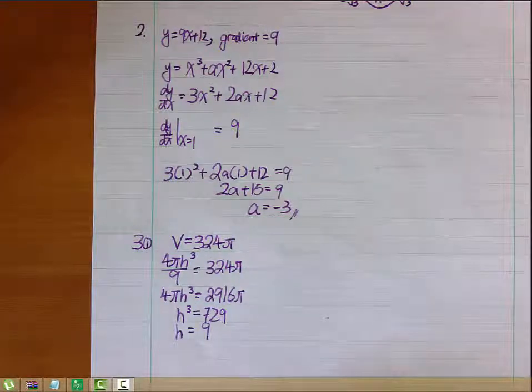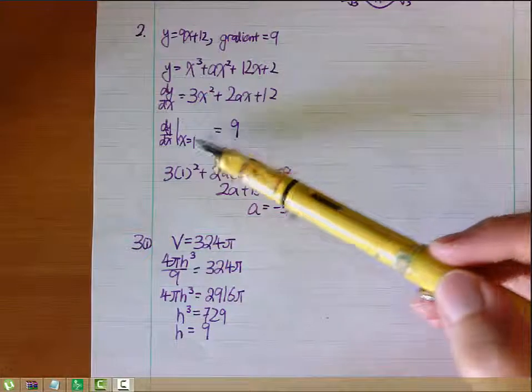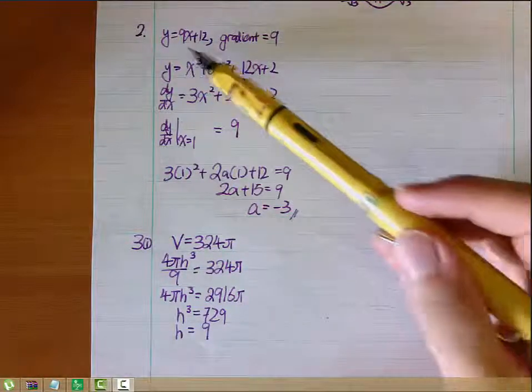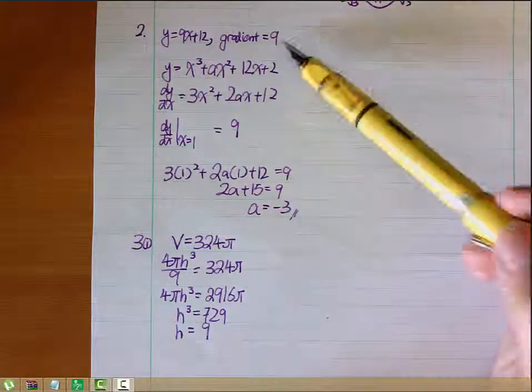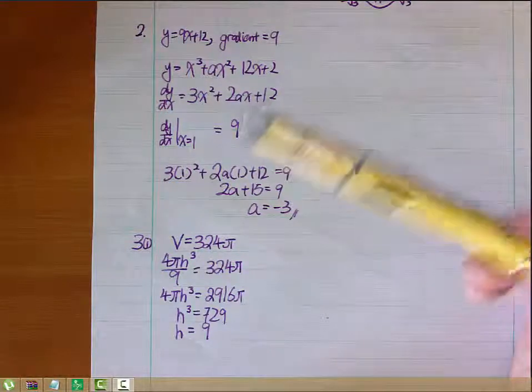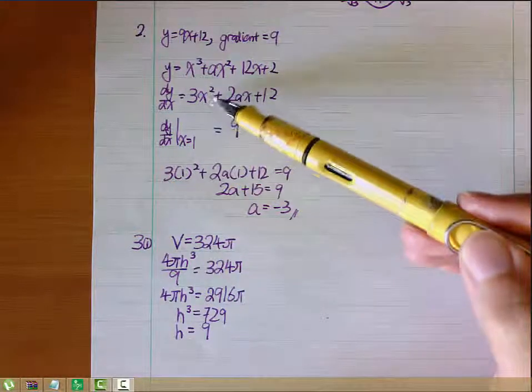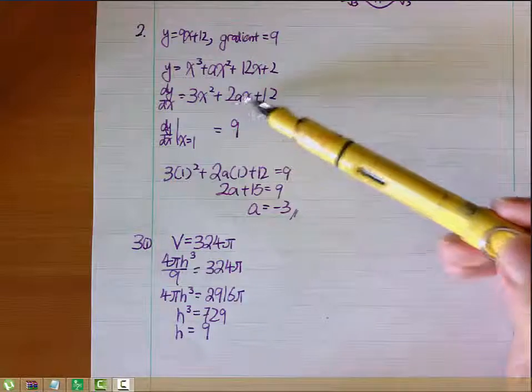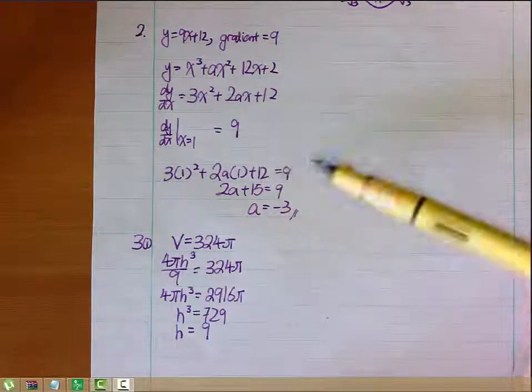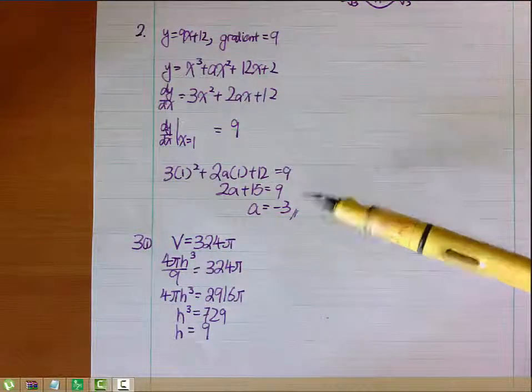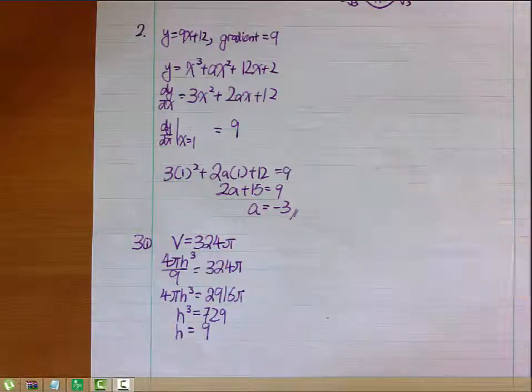So that means at x equals 1, the tangent has a gradient of 9, because if it's parallel to this line, the gradient is 9. So at x equals 1, I sub it into here: 3 times 1 squared plus 2a times 1 plus 12 equals 9. The rest of it is simple solving to get a equals negative 3.